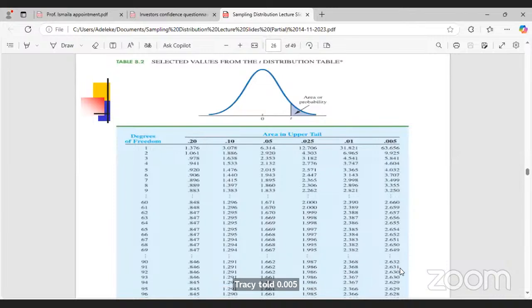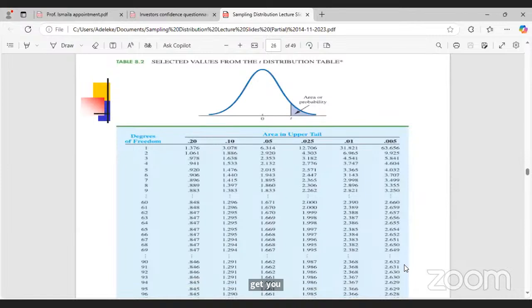The value is 2.631. Degrees of freedom 91, alpha level 0.005. So I hope this table is clear enough in terms of checking it and retrieving values, getting the two parameters, and then the values.